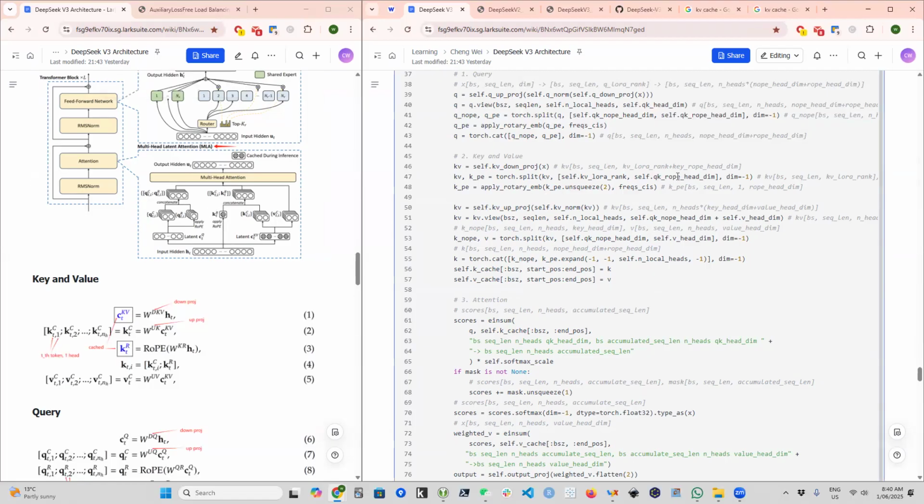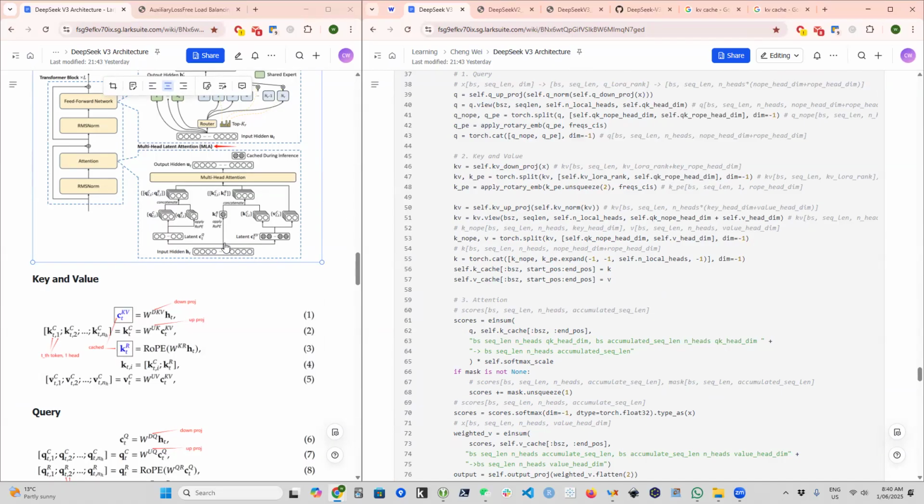There is another split that happens after the down projection from the latent. It's here. So that's one split. The first step where it goes to the rope just goes in directly, with no down projection here. You see here is the KV LoRA rank plus rope head dim.